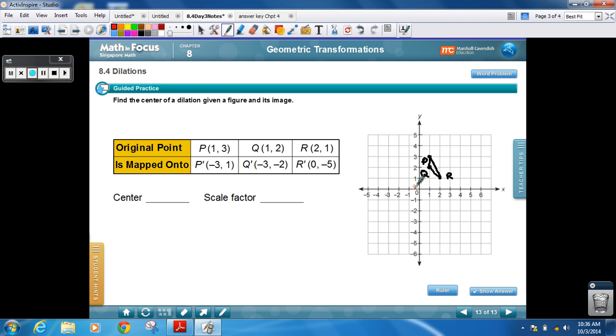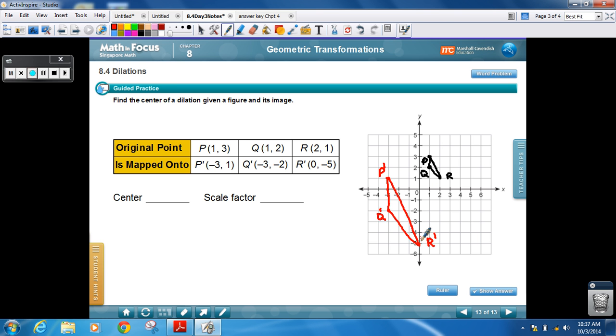It is mapped onto the image where P primed is at -3, 1. Q primed is at -3, -2. And R primed is at 0, -5. So if I connect those to make my triangle, I automatically notice that it got bigger.